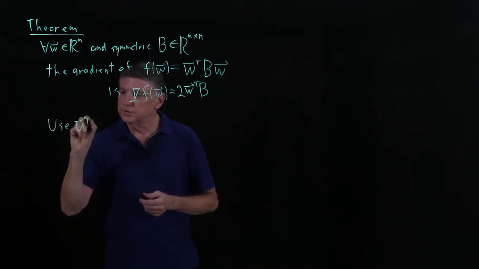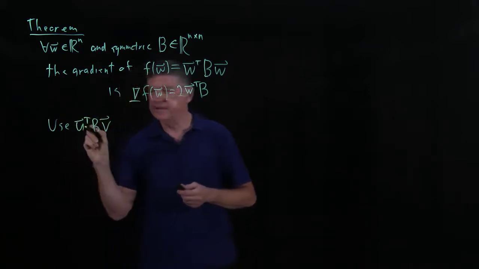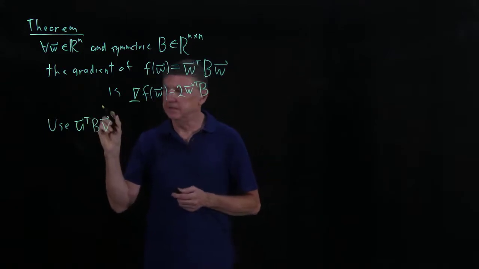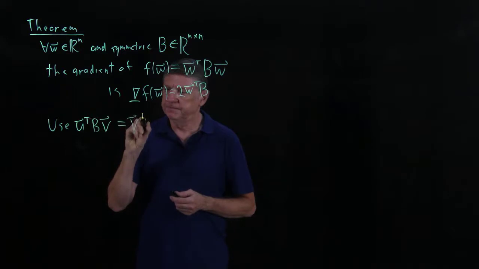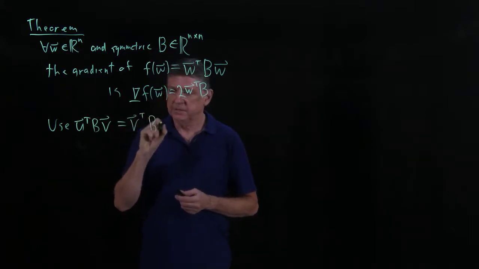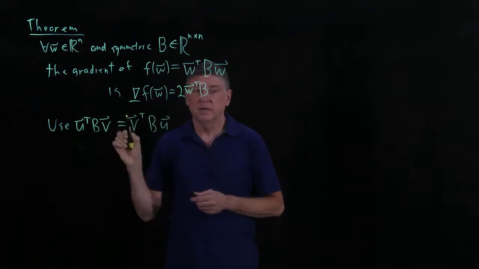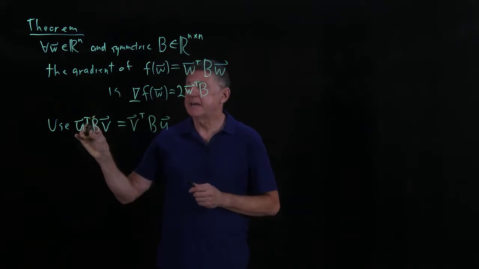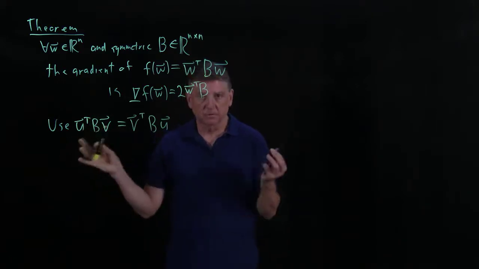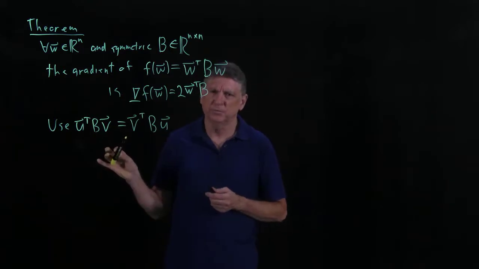U transpose B V, that is for any vector U and for any vector V, equals V transpose B U. This doesn't work for a general B, it does work for a symmetric B. You can think of that as the way you could go about proving this, and it would probably be a good idea if you did prove this to yourself, just to be really sure.